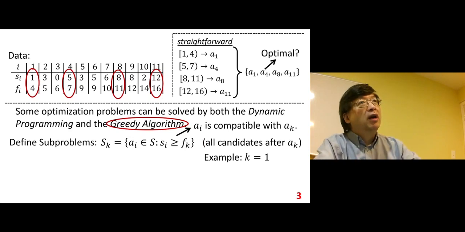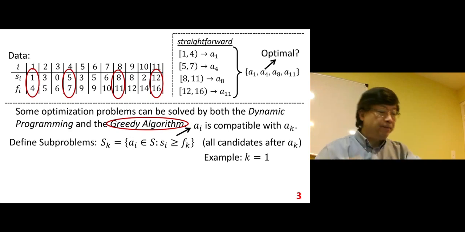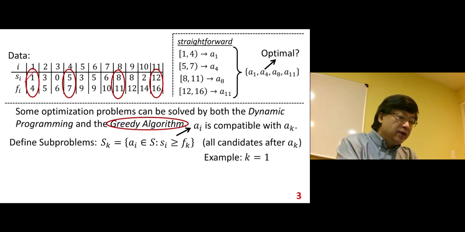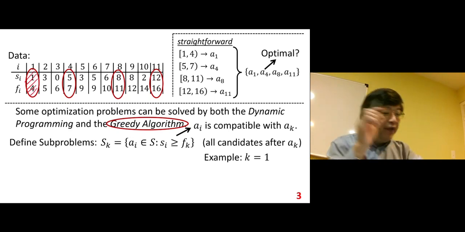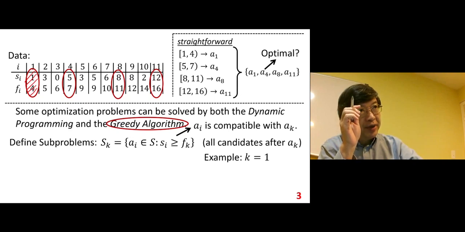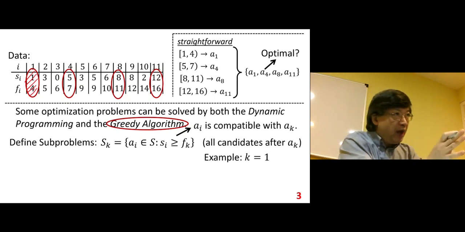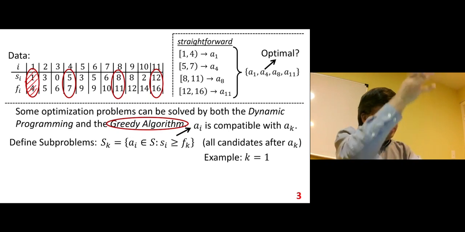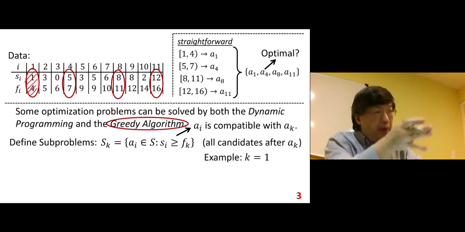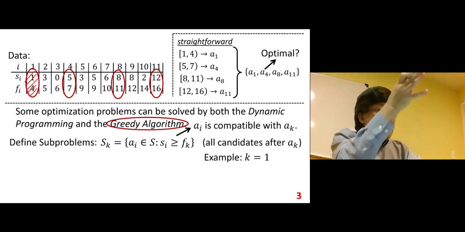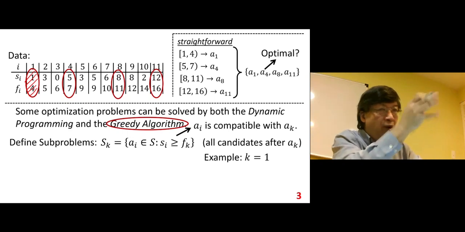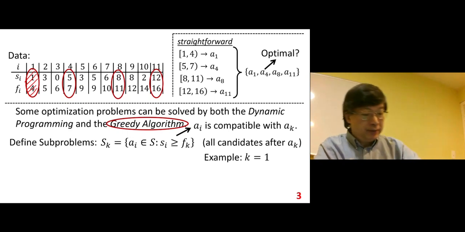What are the activities for S1? How many activities can we find in S1? We need to consider all the activities compatible with A1, but also happening after A1.